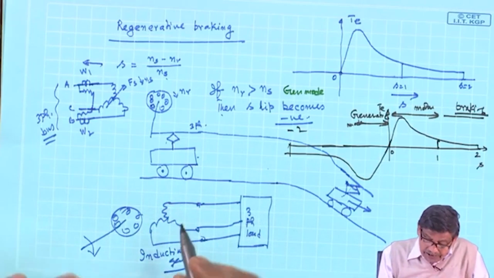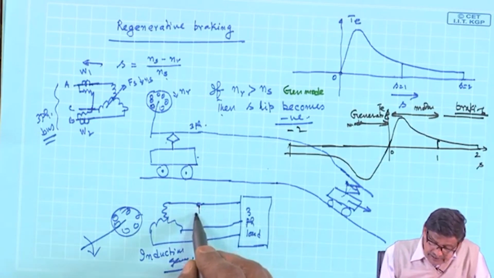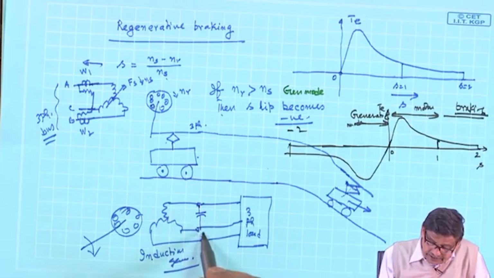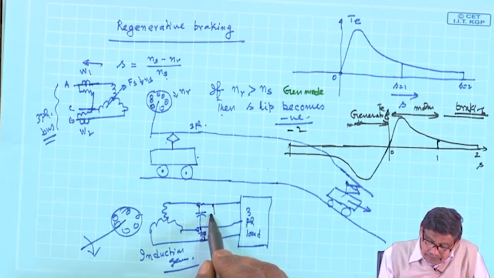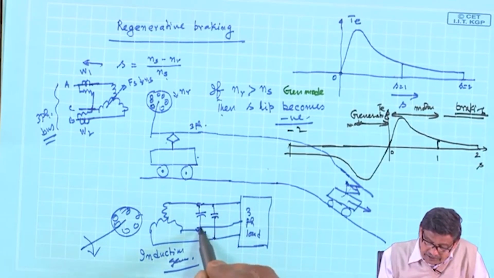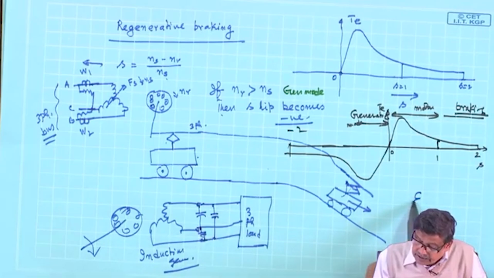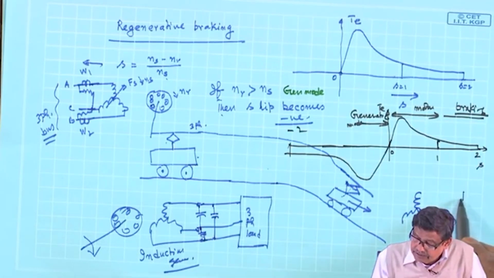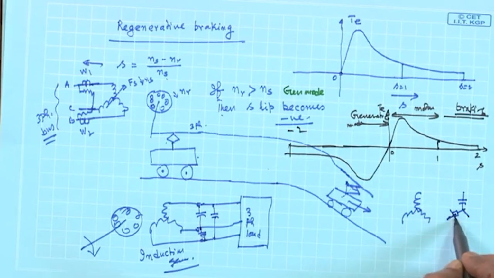So, what can be done is that some capacitors are connected here, capacitor bank, appropriate value of capacitor bank is connected. I will draw it neatly. Suppose this is like this, you connect some capacitor bank in star, say, capacitor.